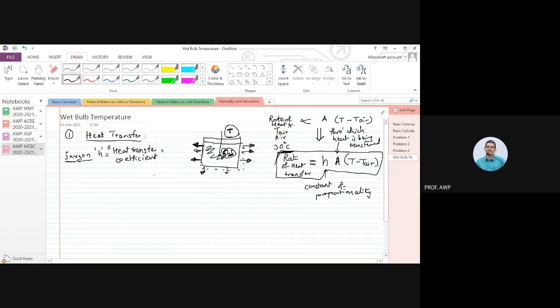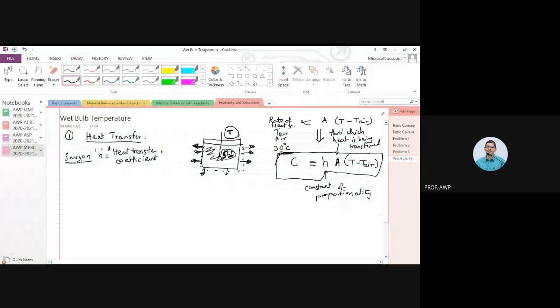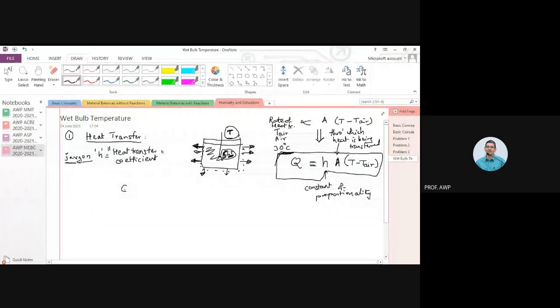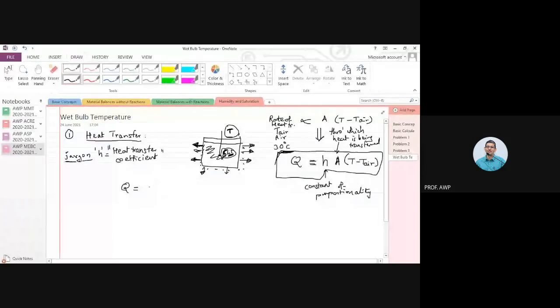If you like, this rate of heat transfer, let us just call it by some symbol Q. So if you want to rearrange this, Q equals H A (T minus T air).